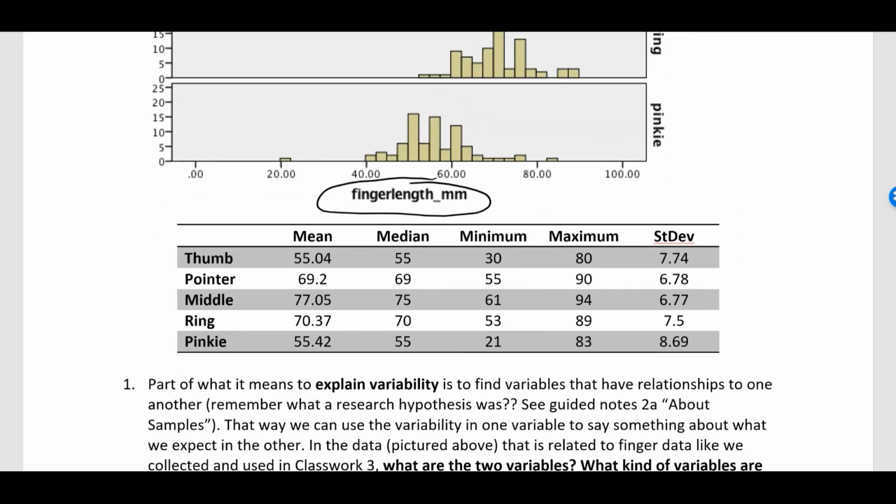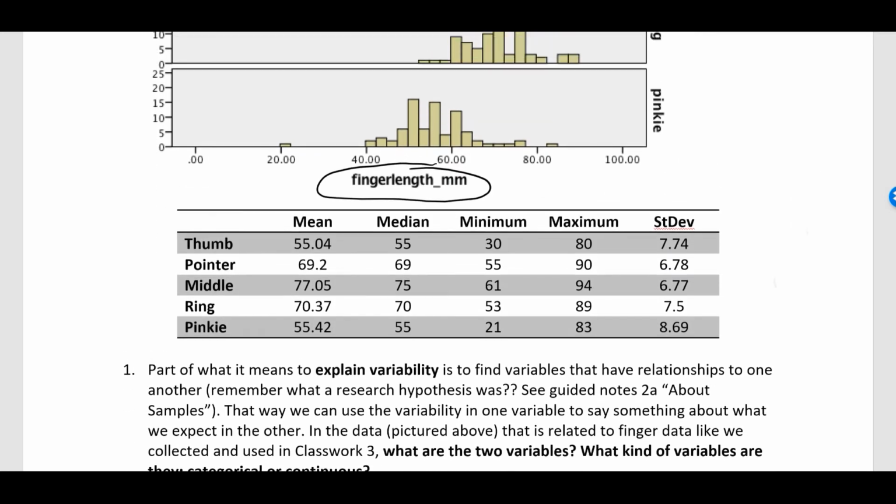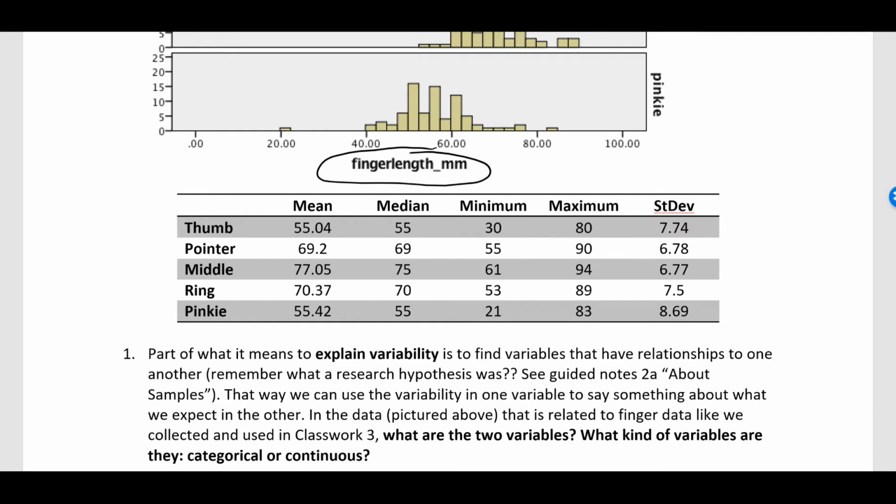So take a moment and, considering that data, I want you to try to think, what are the two variables being represented here? And what kind of variable are each of those? Categorical or continuous?